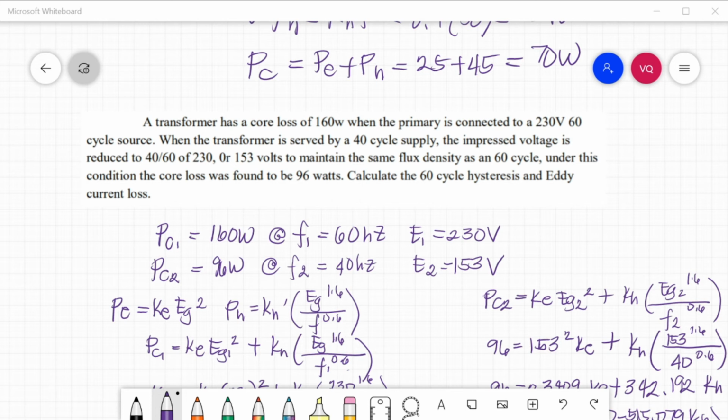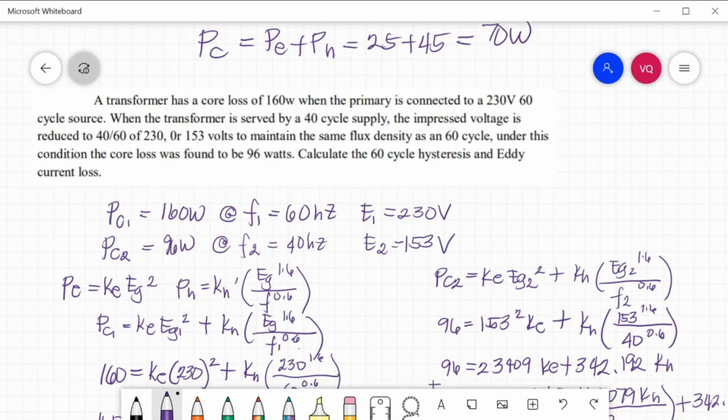When the transformer is served by a 40 cycle supply, the impressed voltage is reduced to 40/60 of 230, or 153 volts, to maintain the same flux density as at 60 cycles. Under this condition, the core loss was found to be 96 watts. Calculate the 60 cycle hysteresis and eddy current loss.